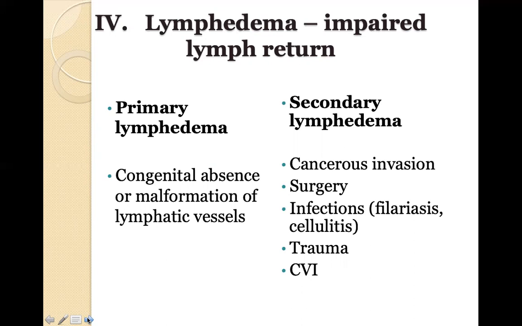But we're realizing now that perhaps the greatest contribution to secondary lymphedema in this country is chronic venous insufficiency. It is epidemic. As people become more sedentary, they may be in jobs where they stand a lot. Certainly the obesity rate is rampant, and with obesity comes a greater risk of chronic venous insufficiency.